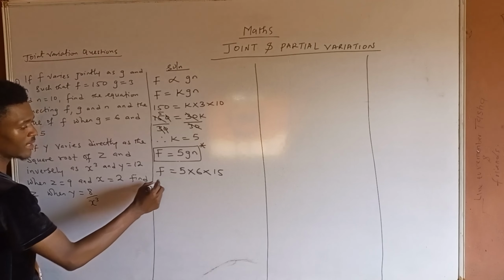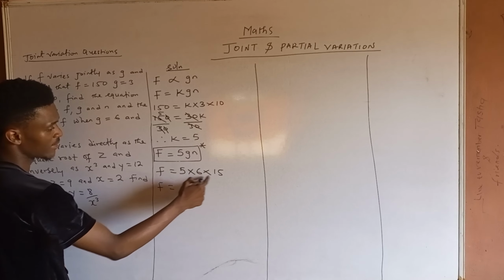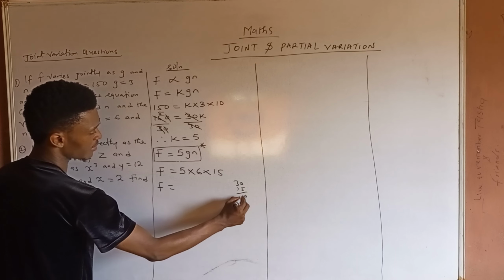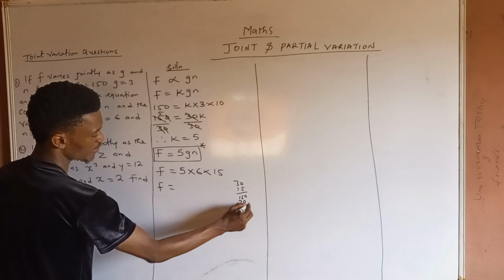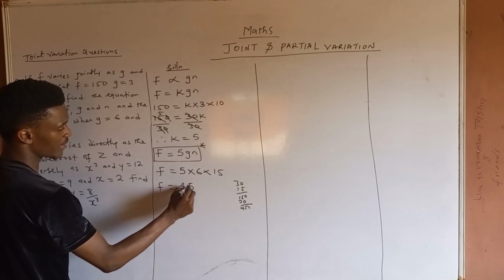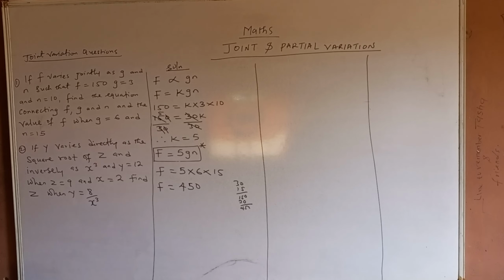All right, so when you do that, our f would now be 5 times 6, that's 30, and of course 30 times 15, that becomes 450. So our f is 450. All right, so that is the answer to the question.